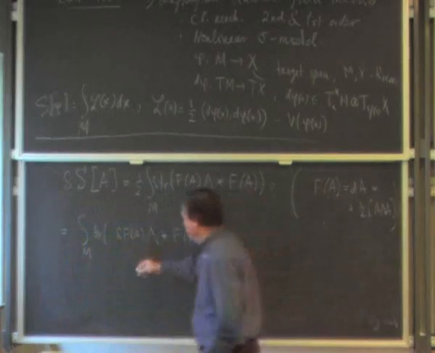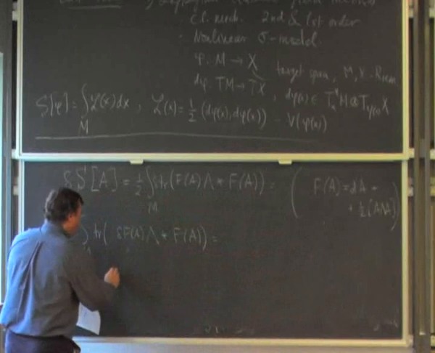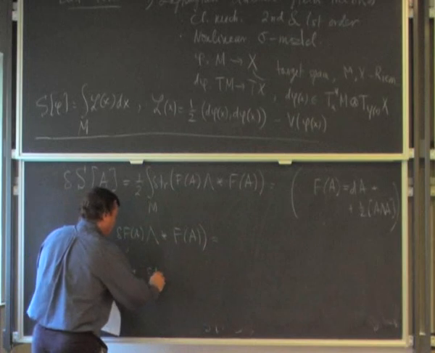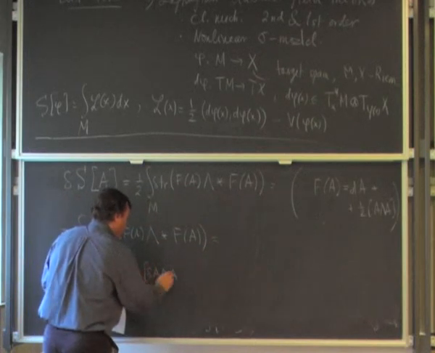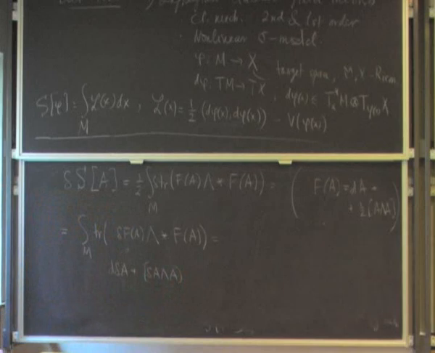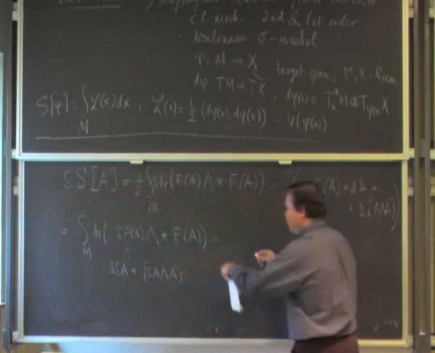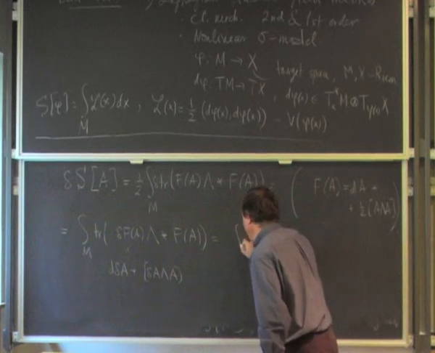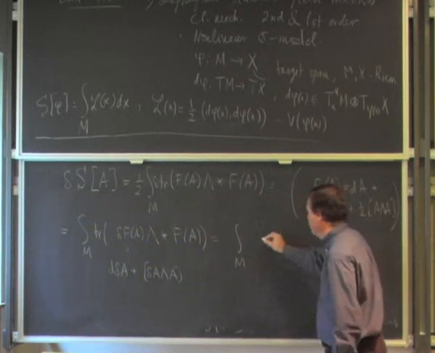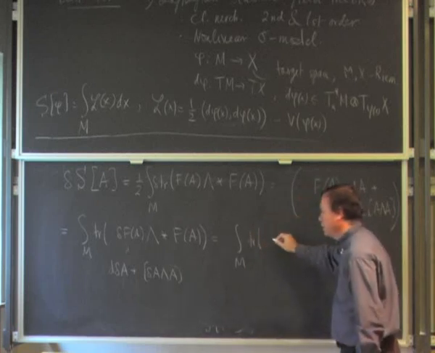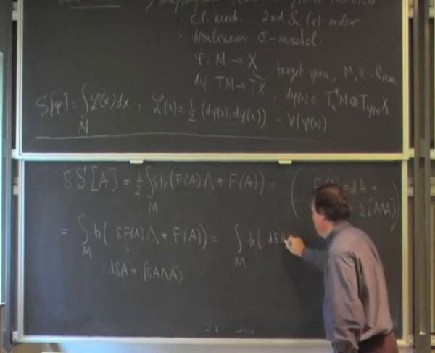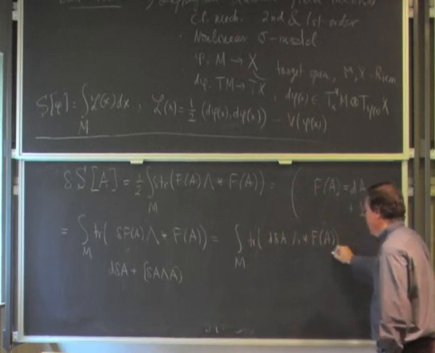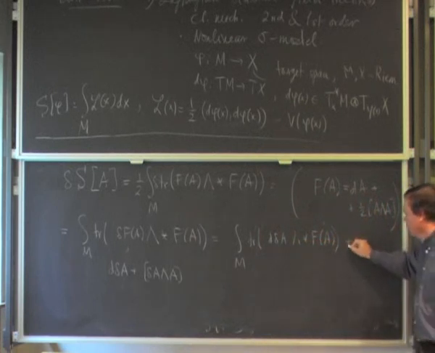So now in this expression we have d delta A plus delta A wedge A bracket. So when we integrate by parts, first of all let me write the term where we have to integrate by parts: trace d delta A wedge star F of A. This is where we have to integrate by parts.